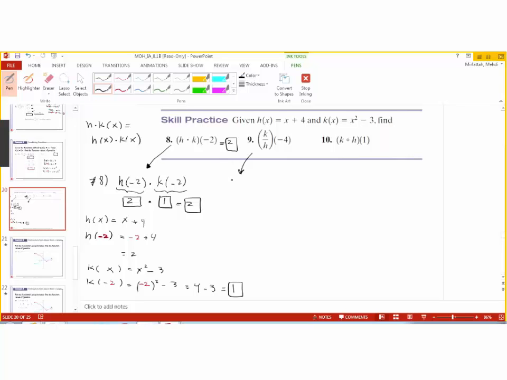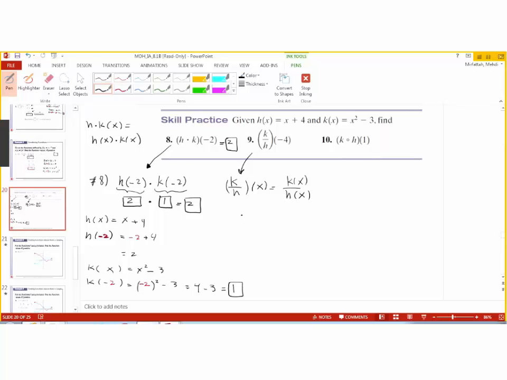So number 9, you just do k over h. So first you find k, right? First you have to rewrite this. Remember, if I have k over h of x, I have to rewrite it as k of x over h of x.